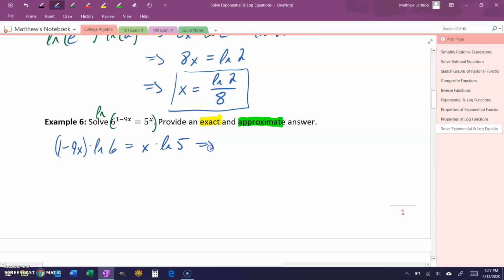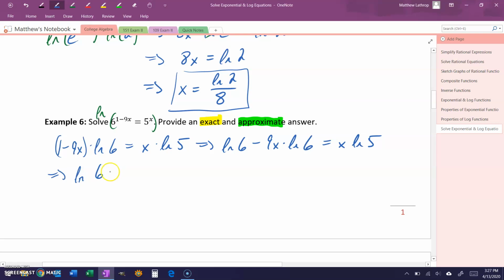What we'll do then is expand on the left-hand side. We'll take natural log of 6 and multiply it through that expression. And next, group all of our x terms on one side of the equation, all of our non-x terms on the other side of the equation.